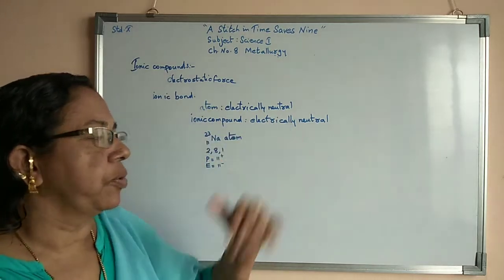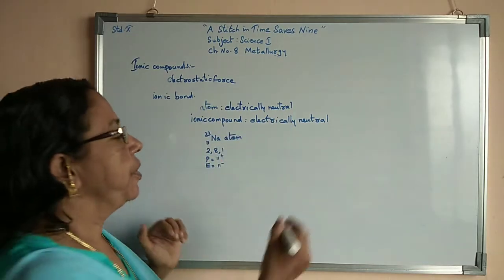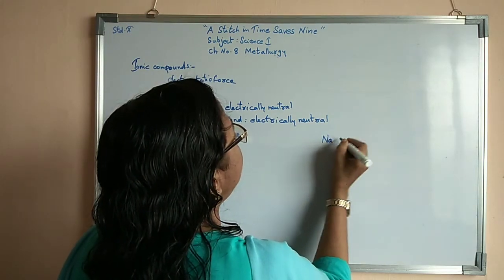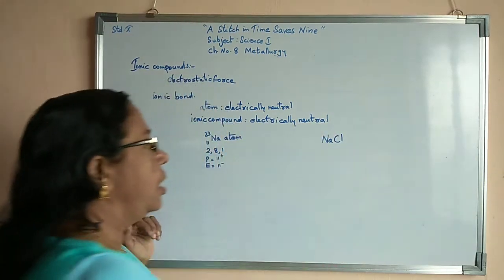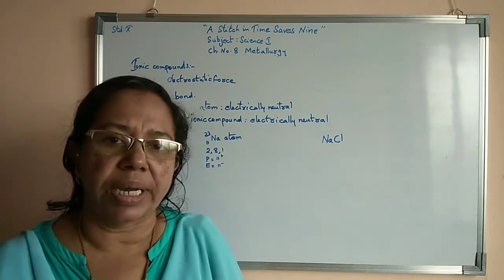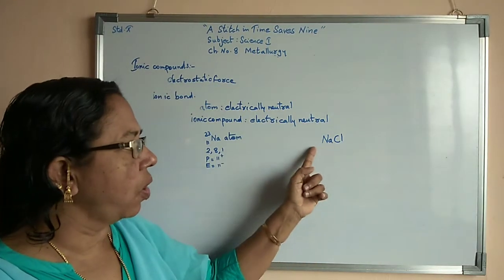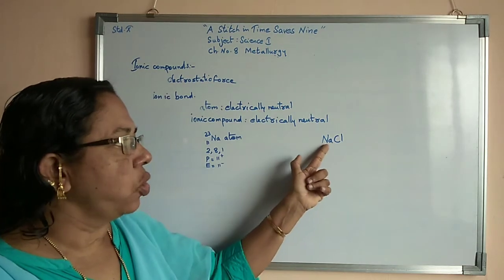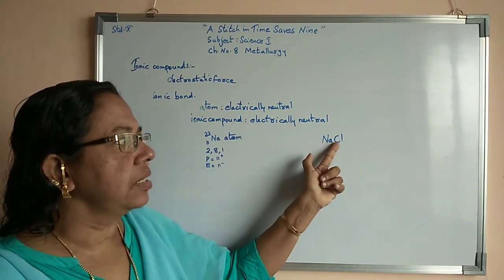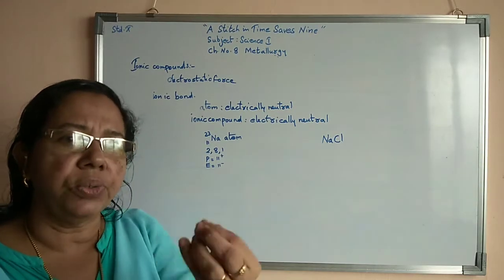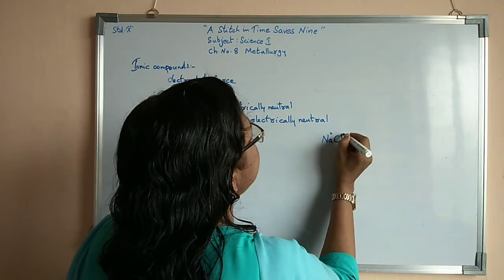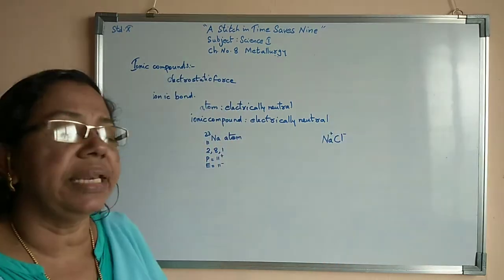Now, what about an ionic compound? For that, one example I am writing here: sodium chloride. What is the speciality of sodium chloride? In this sodium chloride compound, here is a sodium atom as well as a chlorine atom. Here I am showing you Na plus as well as Cl minus ions.